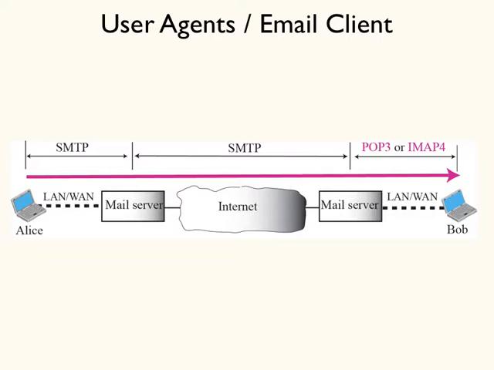After it arrives at Bob's mail server, whenever Bob wants to check his inbox, his client will use POP3 or IMAP4 to retrieve those emails. So you can see that if the email is not encrypted, if it's plain data, there are many locations in this path where we can intercept that email.